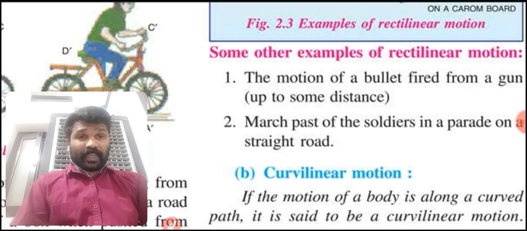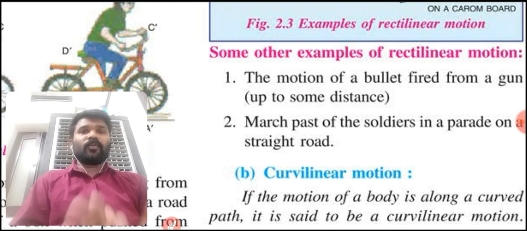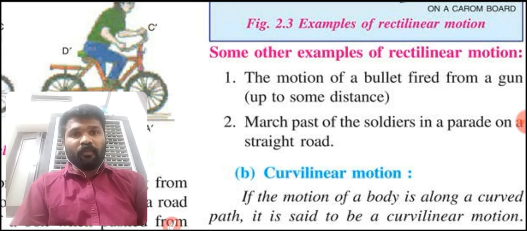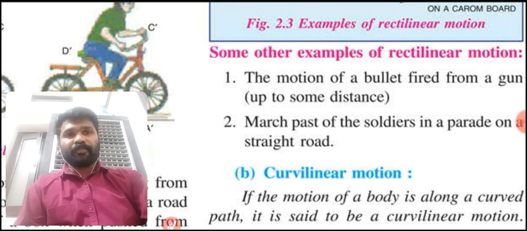Now second one, march past of the soldiers. Maybe you have seen the Republic Day parade. Just observe the march past of the soldiers. They move on a straight road. So it is a good example of linear motion.